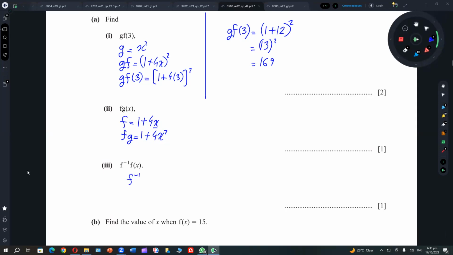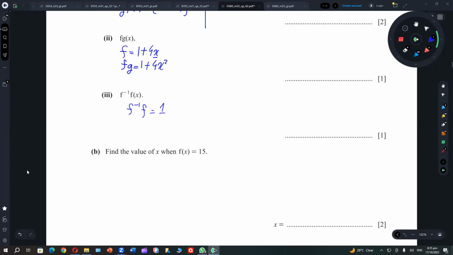Use a mathematical property that F inverse of F will be equal to x. You know why? Instead of 1, we can just write x, because the inverse and the function will be cancelling each other.